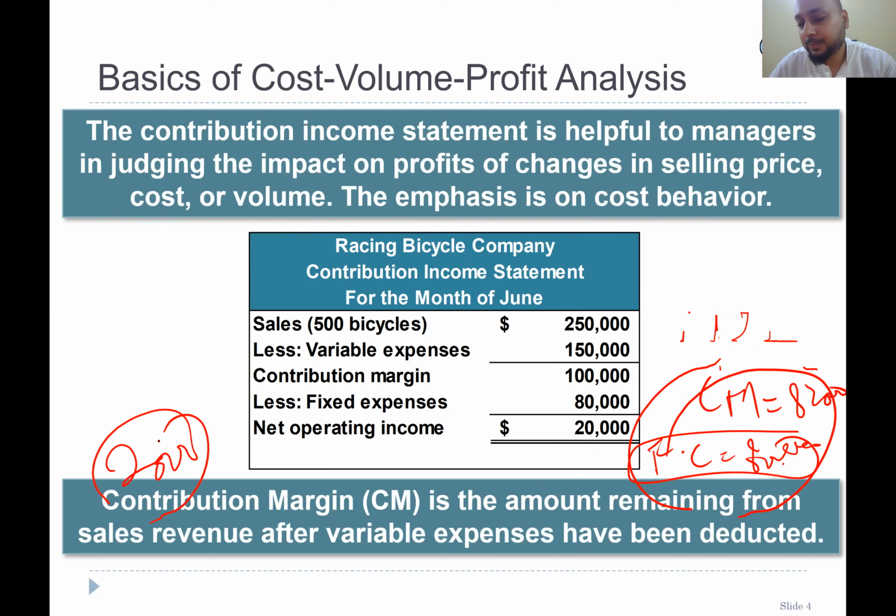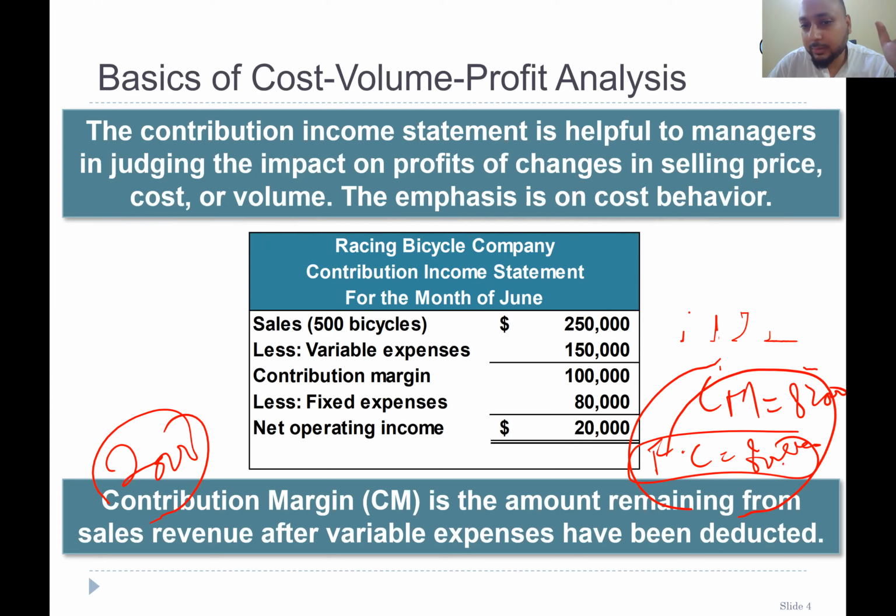That's it. So one thing, did you notice here, we are not talking about interest and taxation here, right? In an income statement, we do have to subtract taxes and interest, but we are not discussing it here. Why? Because those costs depend on external factors.